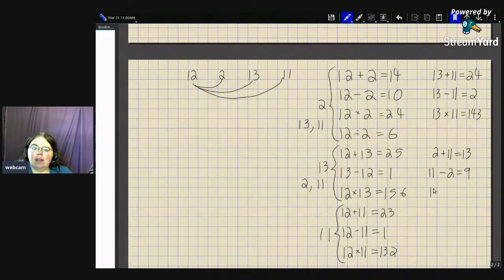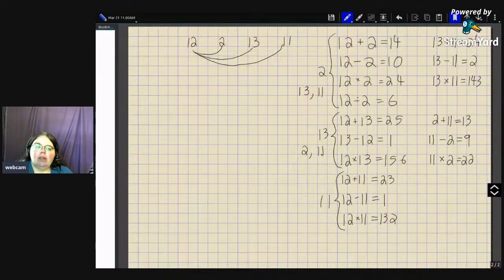And then 11 times 2 would be 22. So I could get to 23 by adding together this 1 and this 22. But I don't want 23, I want 24. Okay, now on the other hand, there's that 11 there.